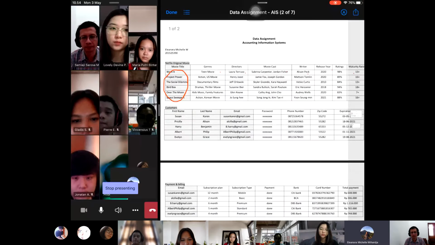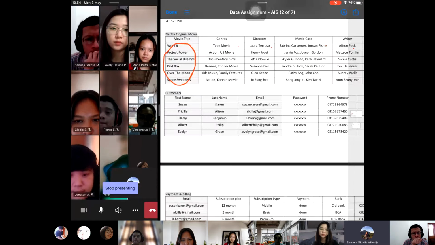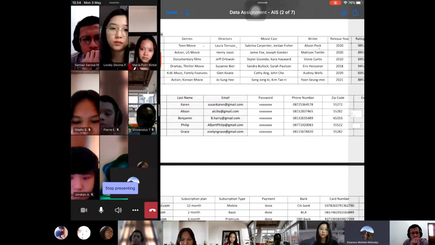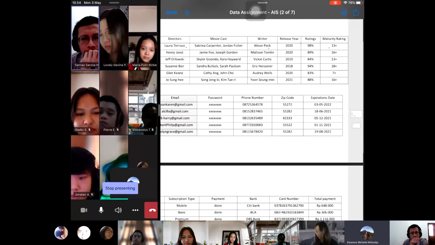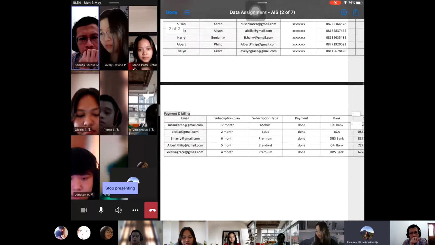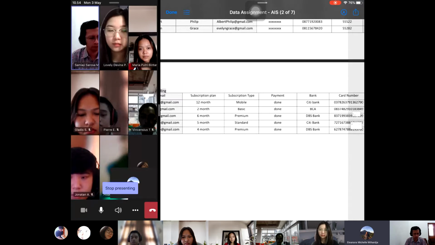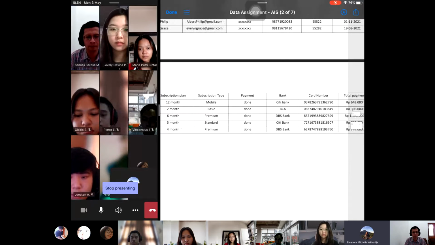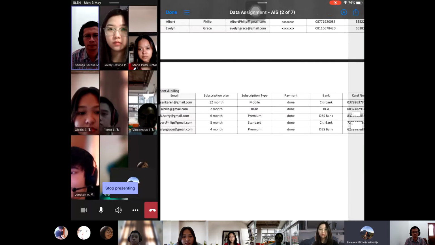The second table is about customer data. It consists of first name, last name, email, password, phone number, zip codes, and expiration date. Then the last table is payment and billing. It consists of email, subscription plan, subscription type, payment, bank, card number, and total payment.